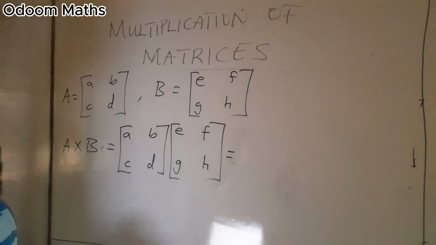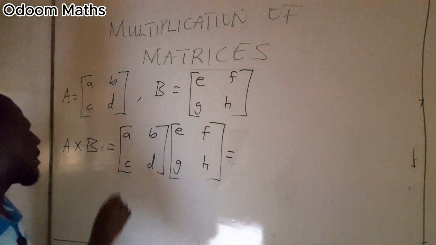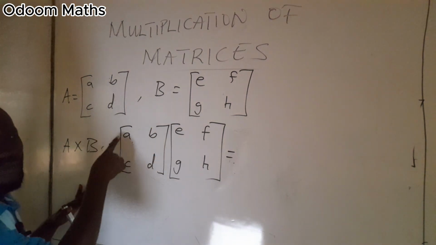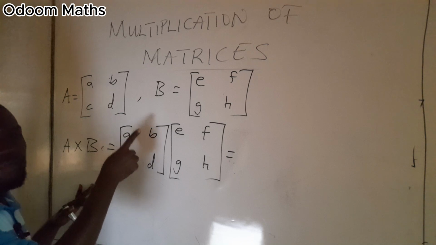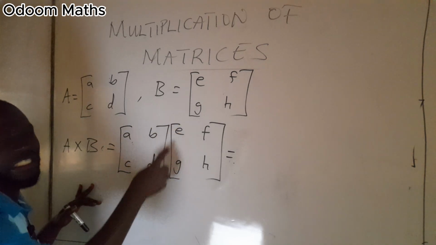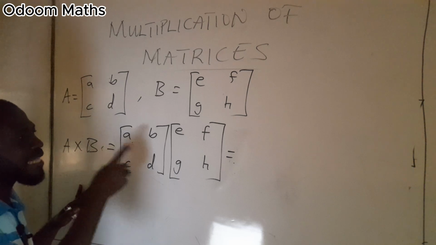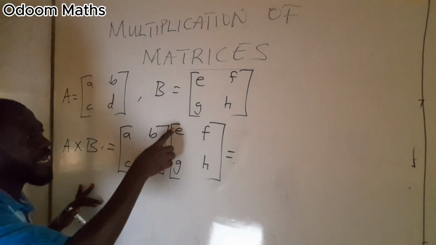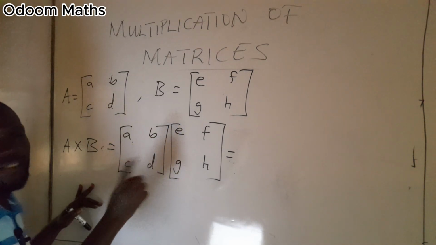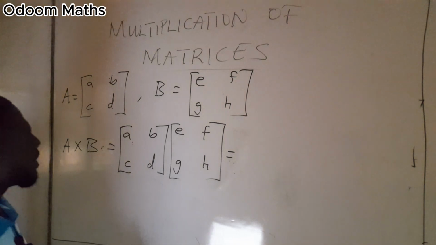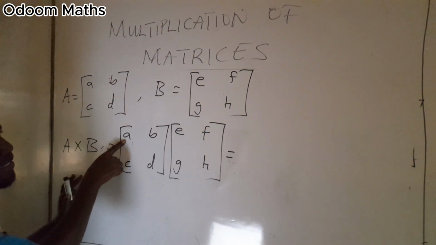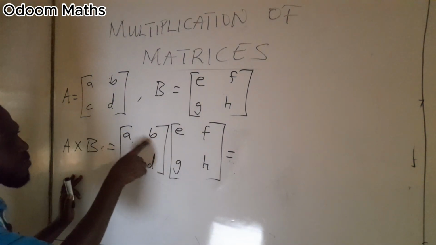What you are going to do is take elements of the first row of the first matrix times elements of the first column of the second matrix. So I am going to take this to multiply this one, and take this to multiply this one.